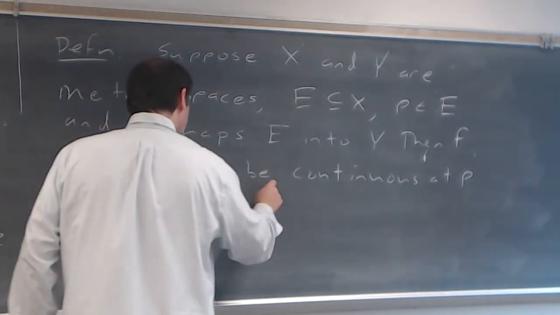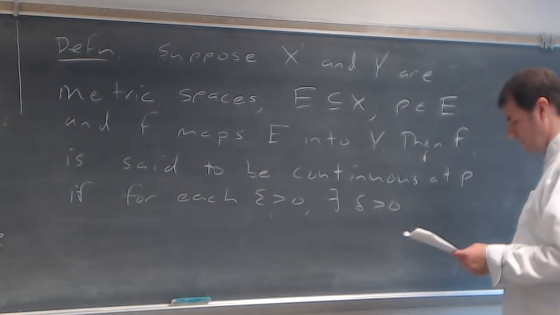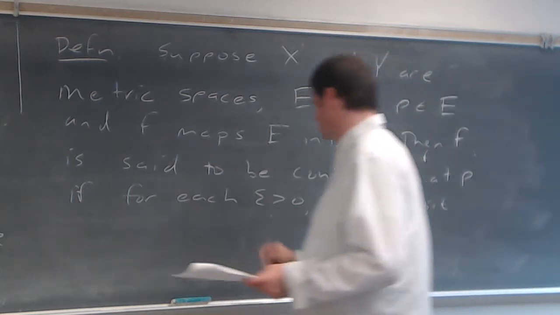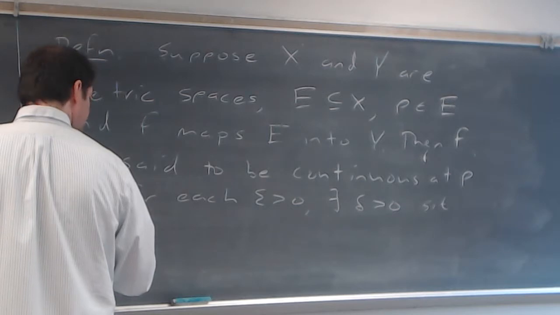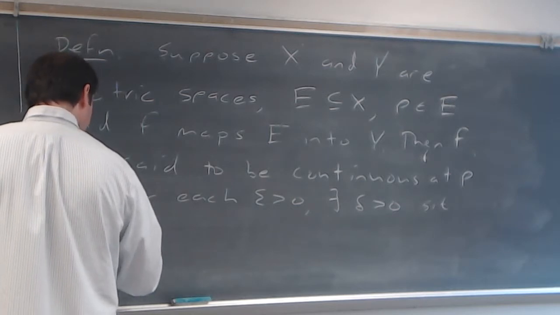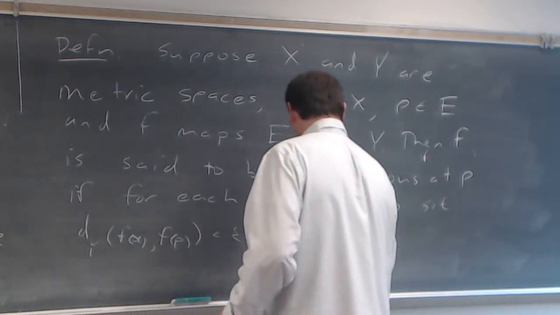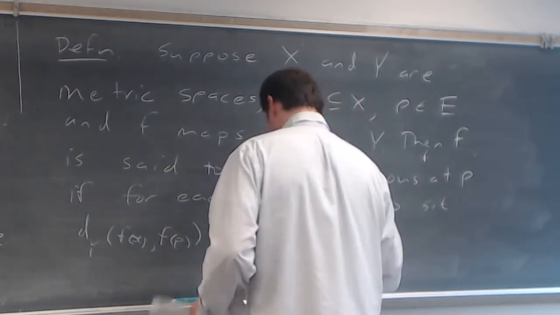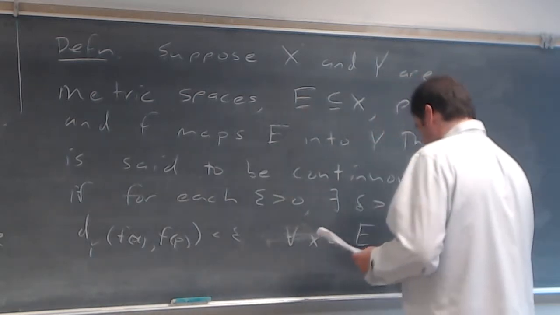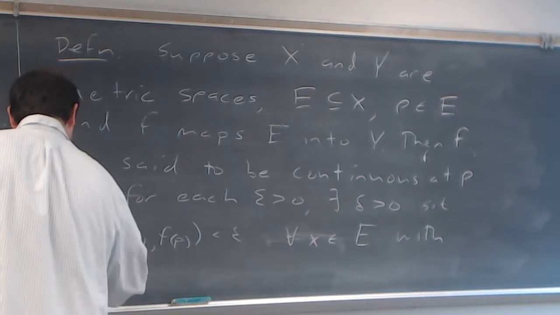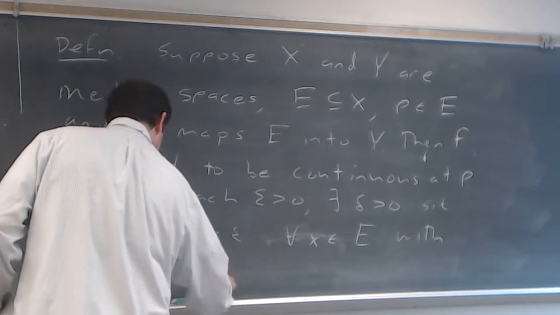if for each epsilon greater than 0, there exists a delta bigger than 0, such that the distance in Y between f of x and f of p will be less than epsilon for all x in E with the distance in X between x and p less than delta.